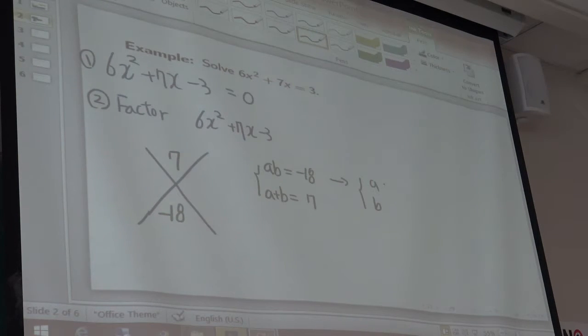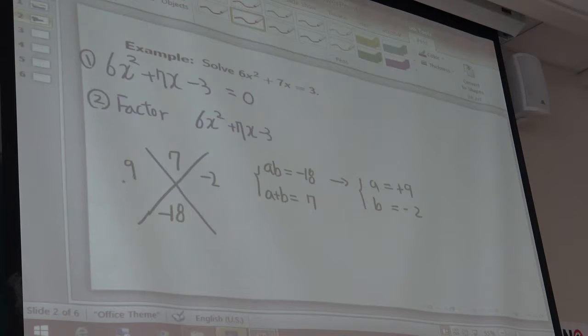So we get 9 and 2 for the 18. The product is negative, which means one of these should be negative and the other positive. But the sum is 7. That means this is plus 9 and this is negative 2. Then the product is negative 18 and the sum is plus 7. So we have a 9 and we have a negative 2.